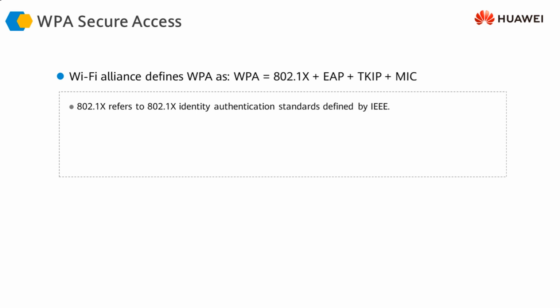802.1x is the standard defined by IEEE for authentication, and this is a standard which can be used not only in case of wireless networks, but it is also used very extensively in case of wired networks as well. EAP is Extensible Authentication Protocol, and TKIP is a key management protocol, as I said, Temporal Key Integrity Protocol.